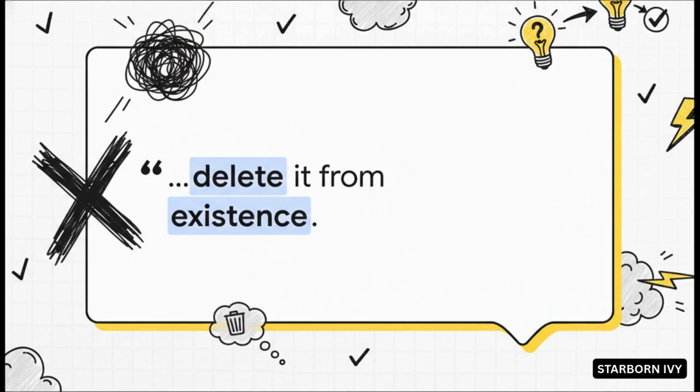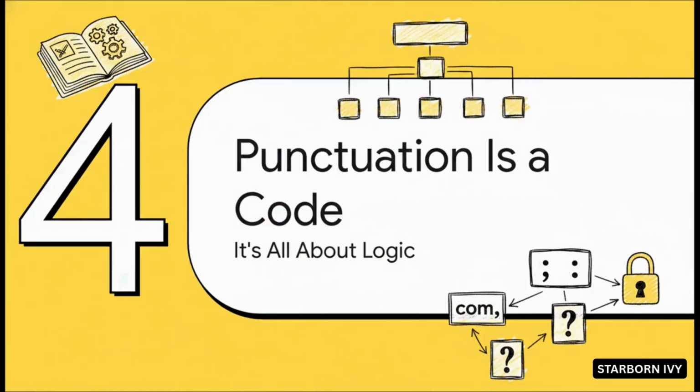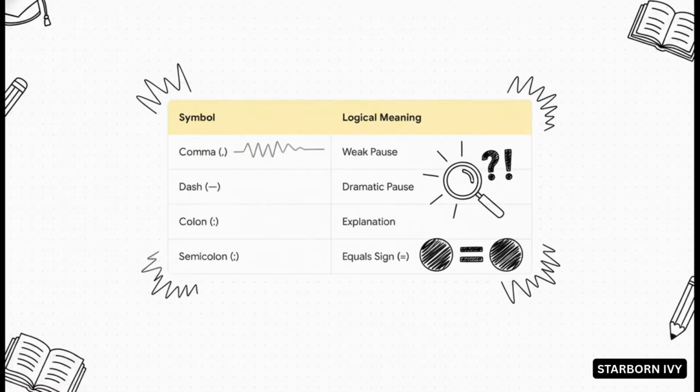It's a game changer. Okay, let's tackle punctuation. Most of us think of it as decoration or maybe a style thing. On the SAT, nope, that's totally wrong. On this test, punctuation is a rigid system of logic. Every single mark has a very specific job to do. The best way to think about this is that each mark is like a symbol in a math equation.